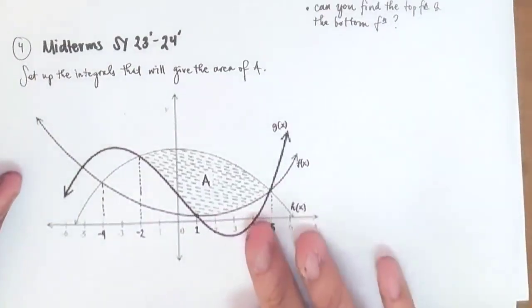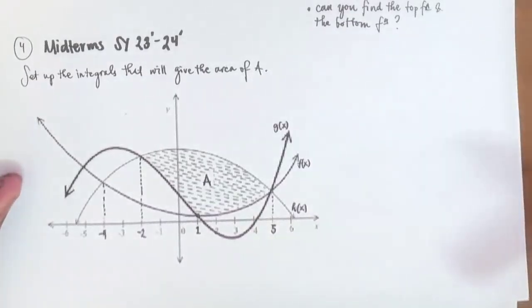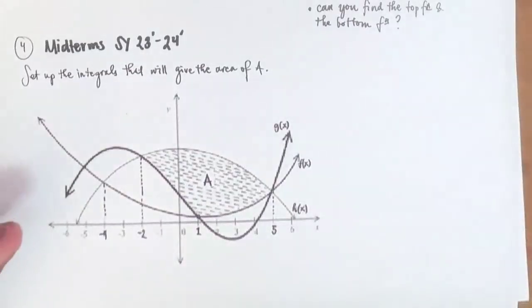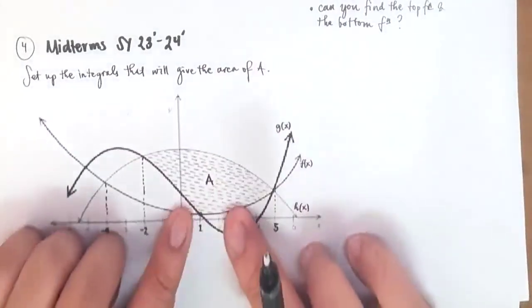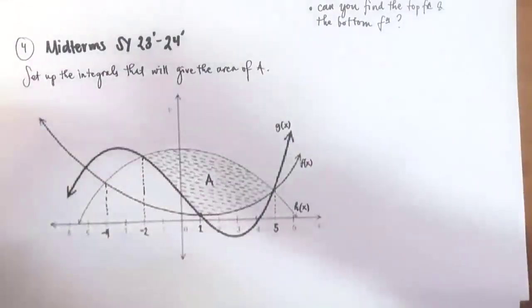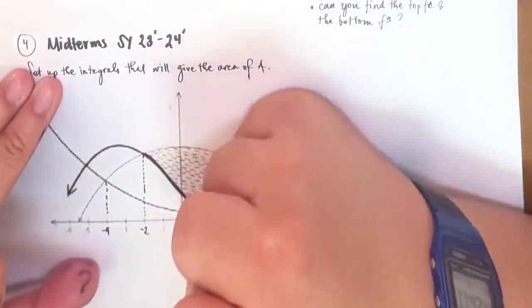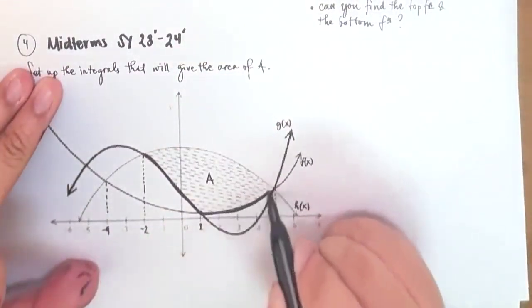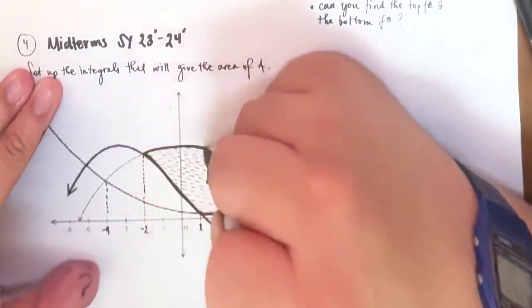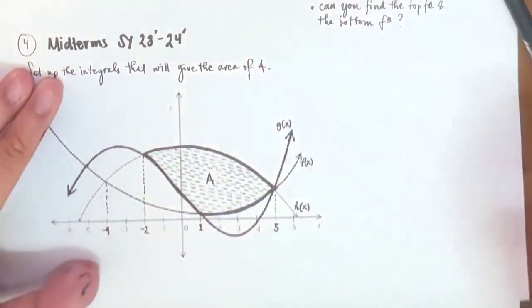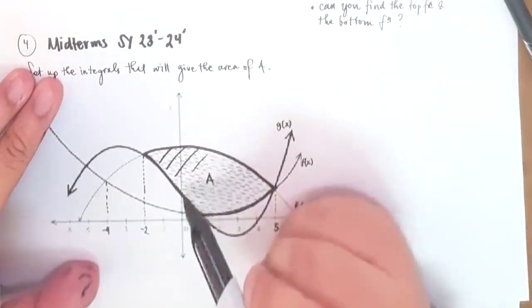For this particular case, it's not immediately obvious because there are places where, well, h is always on top. Okay. So focus on A. So we focus on this area right here. Okay. That's the area that we're focusing on, right?